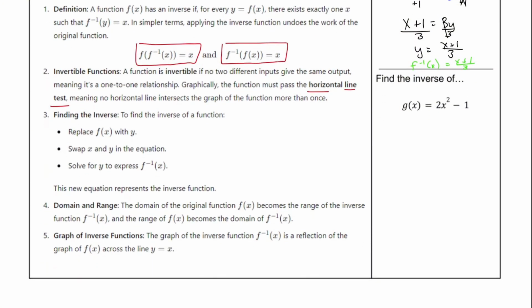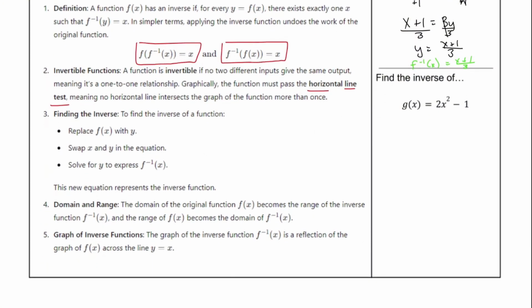Let's do the same thing over here, but this is going to be a little bit messier. Replace g of x with y, so y equals 2x squared minus 1. Flip-flop the x and the y, so x equals 2y squared minus 1. Add 1 to both sides, so x plus 1 equals 2y squared.